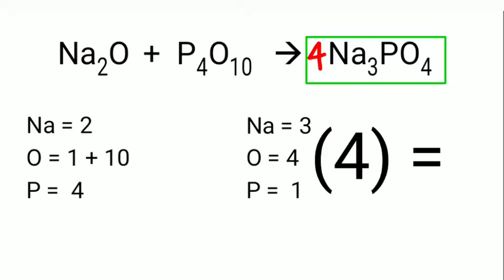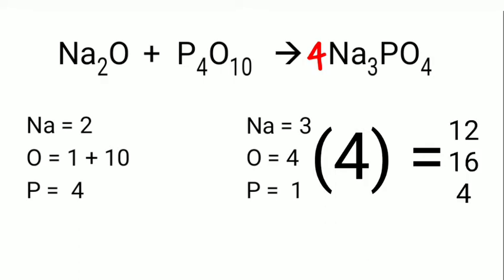Then, i-multiply ko yung 4 na yun sa number ng mga elements na nandito. So, kung meron tayong 3 sodium, that will become 3 times 4 or 4 times 3. That will become 12. So, magkakaroon na tayo ng 12 na sodium. And then 4 times yung nag-iisang phosphorus natin, that will become 4 times 1. Magiging 4 yung phosphorus natin.